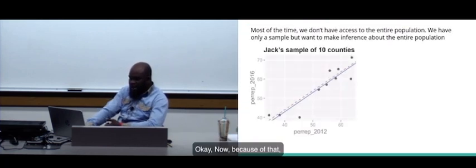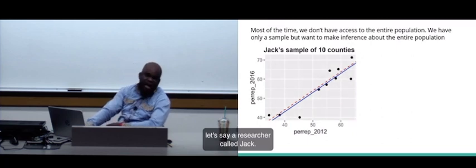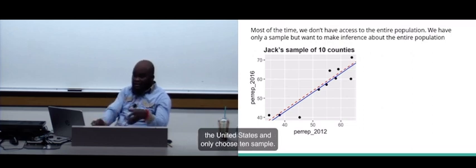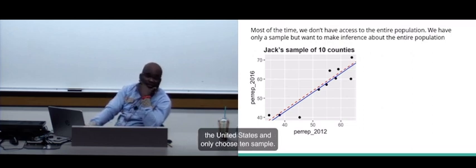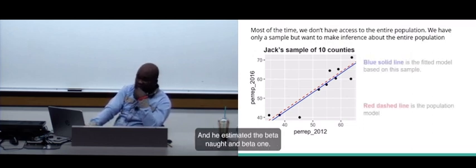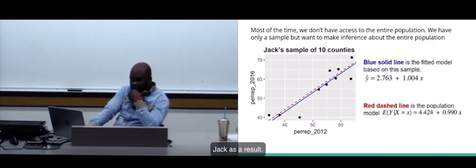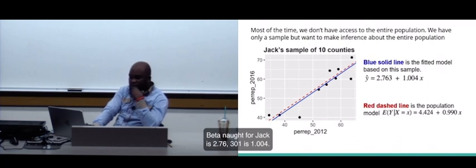Now, let's say there's a researcher called Jack. Jack decided to go into counties in the United States and only choose a sample of 10, and he estimated the beta naught and the beta 1. Jack has a result. The beta naught for Jack is 2.763.